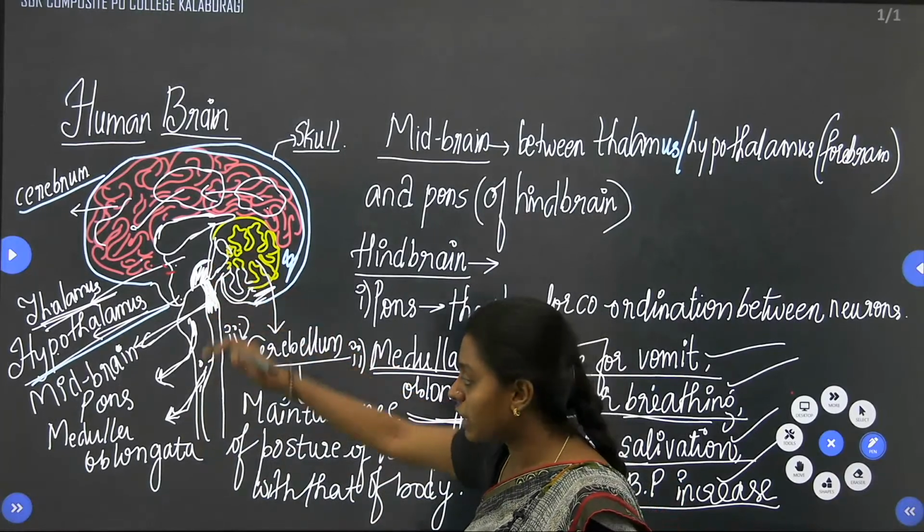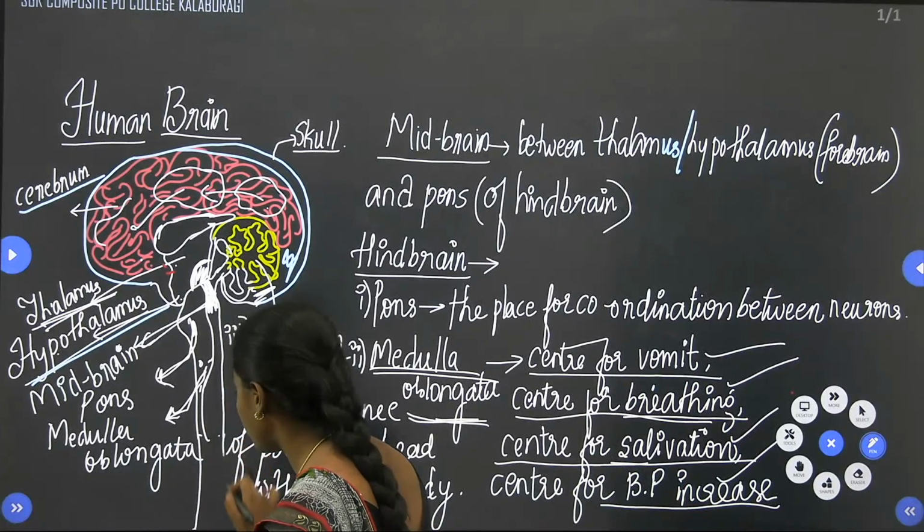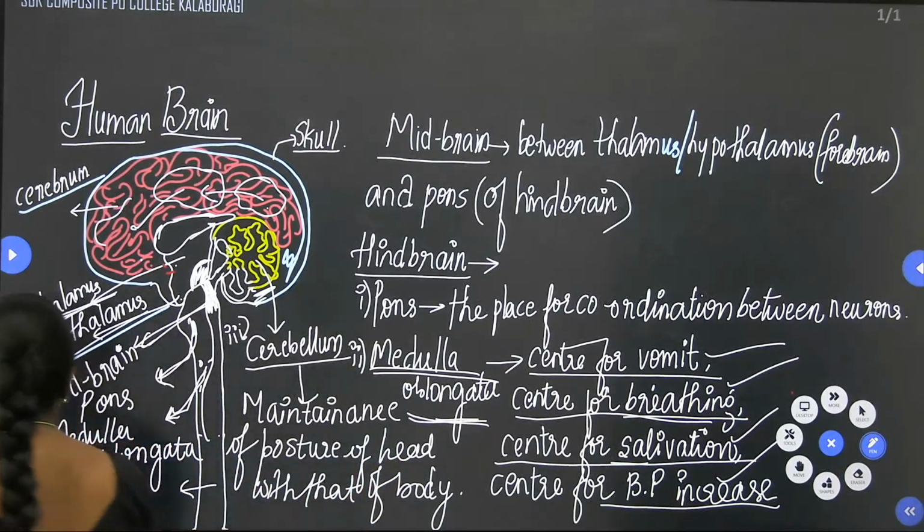Connected to the brain, the next region that we see is the group of nerve fibers constituting the structure called the spinal cord.